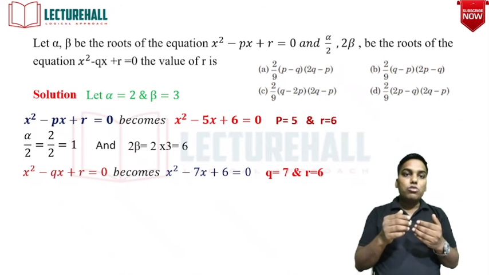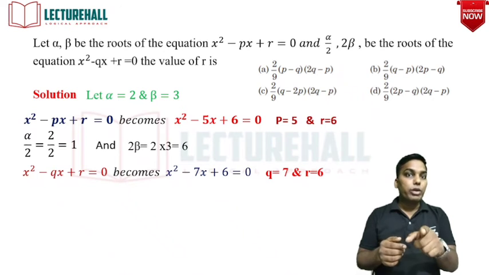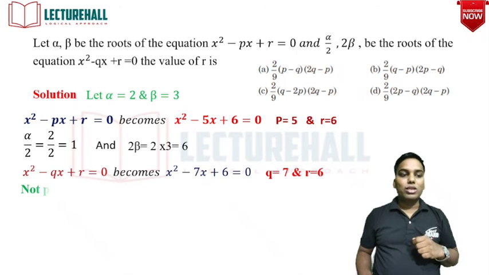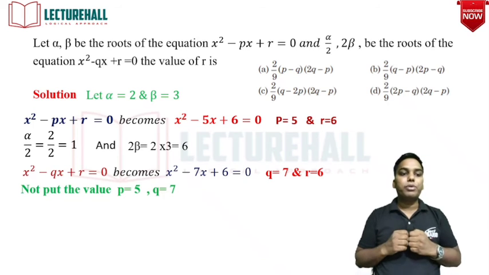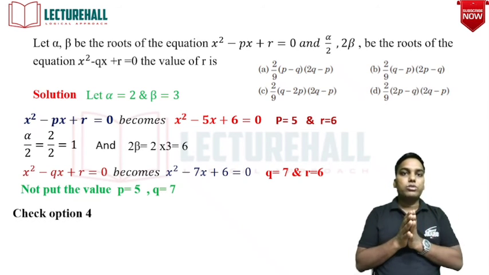By putting the value of p and q in the options, r has to be 6, because according to our conditional situation I am getting r as 6. So now the step is we have to put the values of p and q, that is 5 and 7. Let's check option number 4.